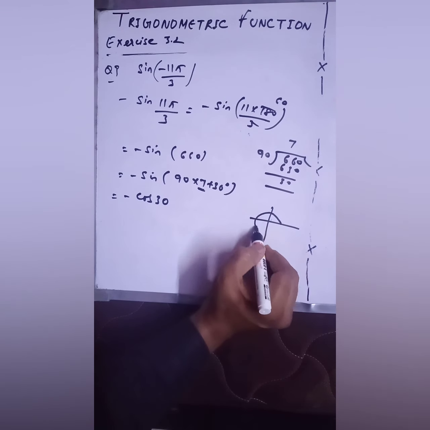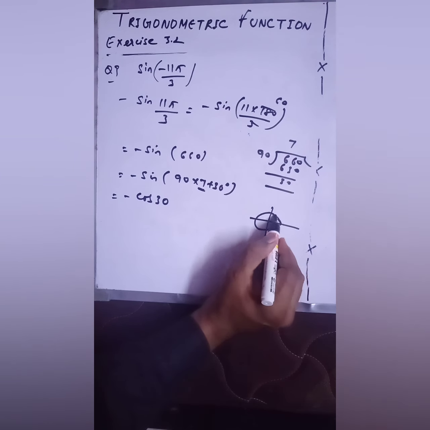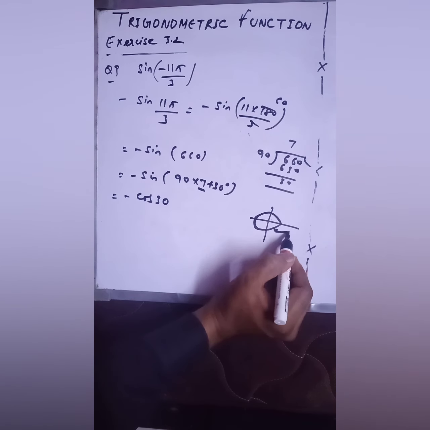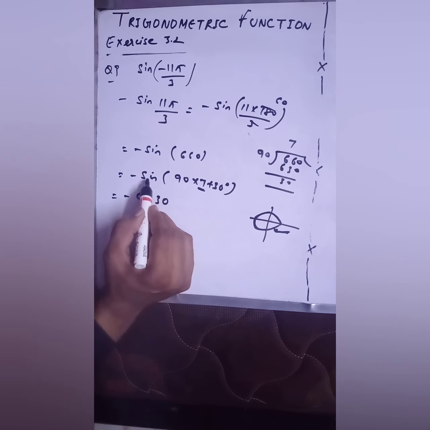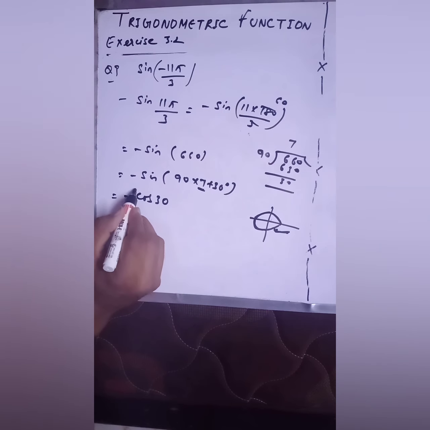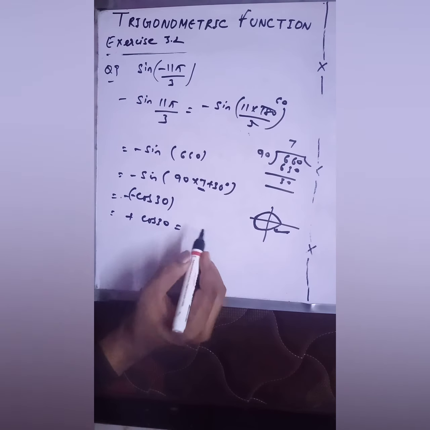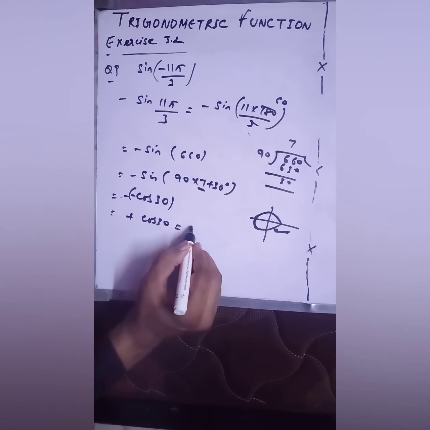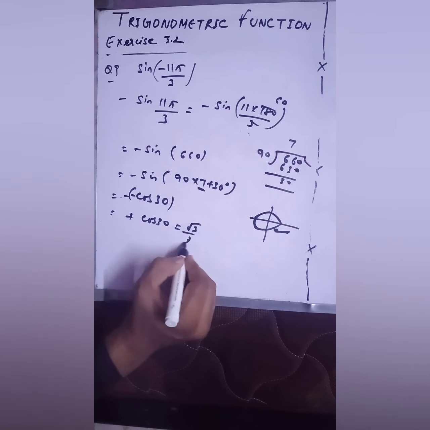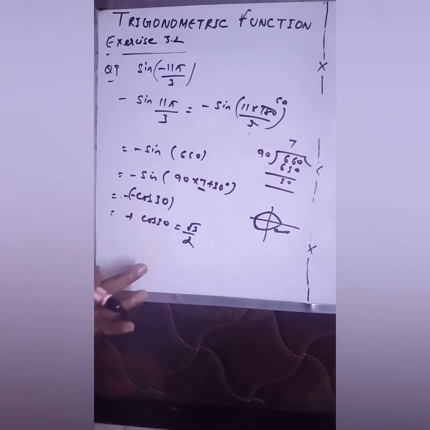One complete round will give you 4 90s, 5 90, 6 90, 7 90. Plus 30 means this is the fourth quadrant. In the fourth quadrant the sign is negative. So one negative sign will come with this. Negative will give you positive. Positive cos 30, that is equal to what? It will give you √3 by 2.